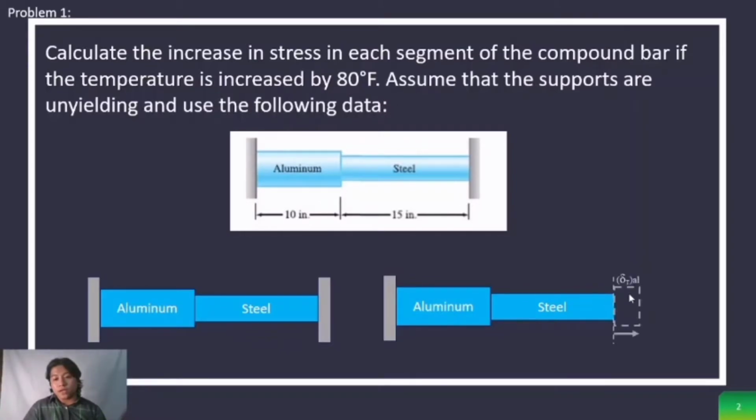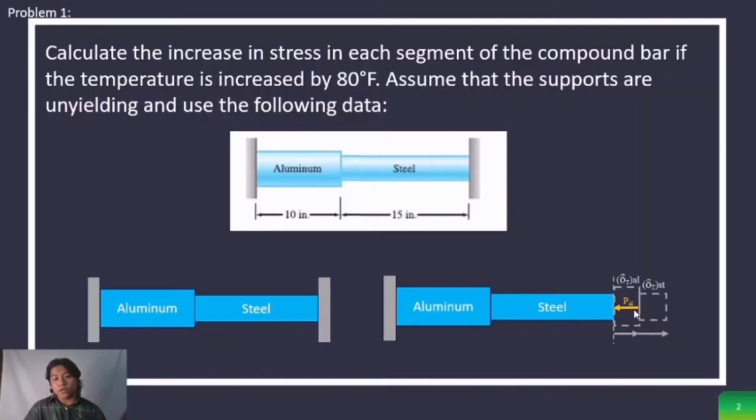So this is the thermal deformation of aluminum, and this is the thermal deformation of steel. Assume that the supports are unyielding. Unyielding, it means these bars mubalik ra siya sa iyang normal position due to its internal forces.